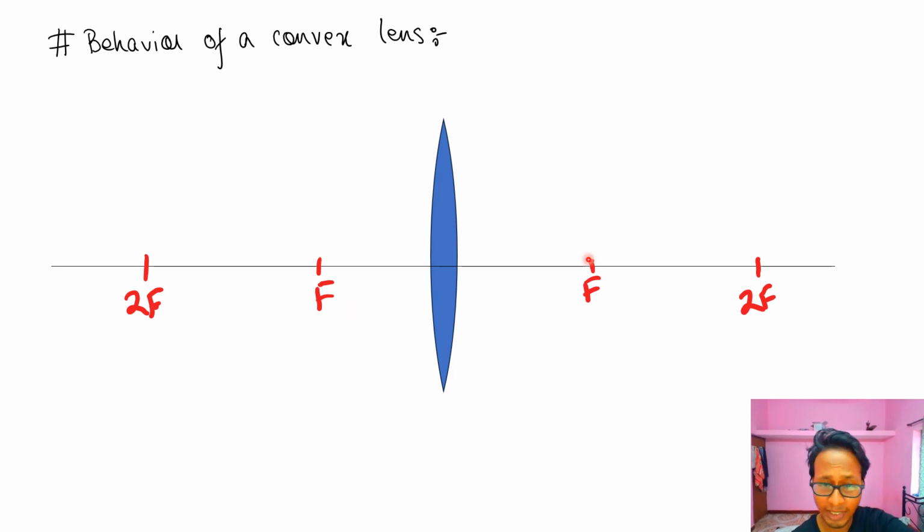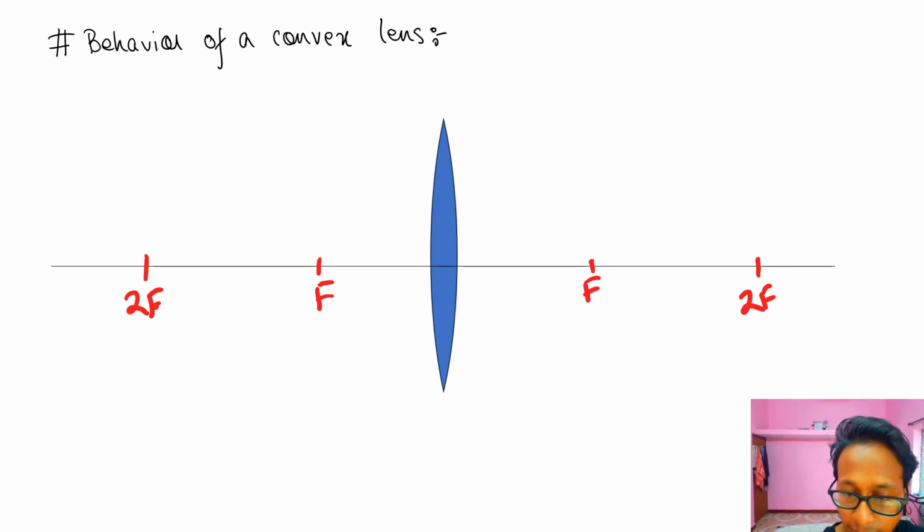Now see, this lens has two focus unlike a mirror. One of them is called the primary focus and the other one is called the secondary focus. But it should be noted that the focal length on one side is the same as the focal length on the other side. So in lenses, two focus are there.